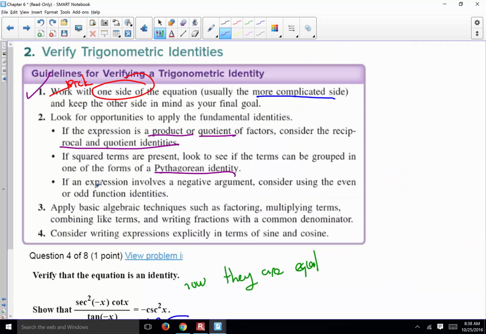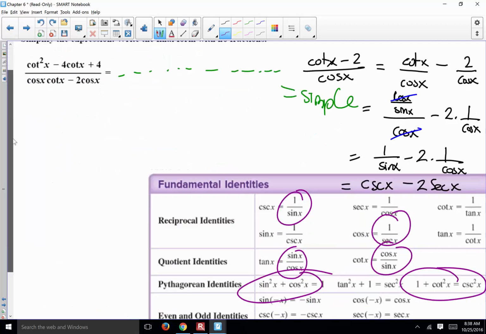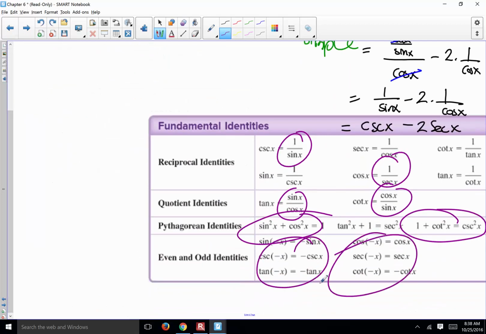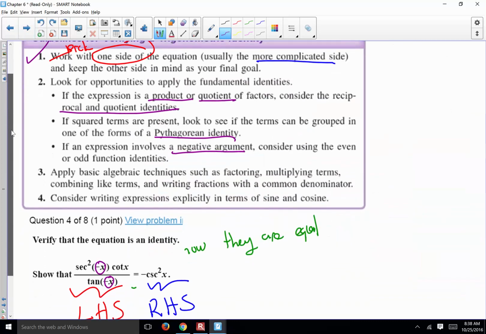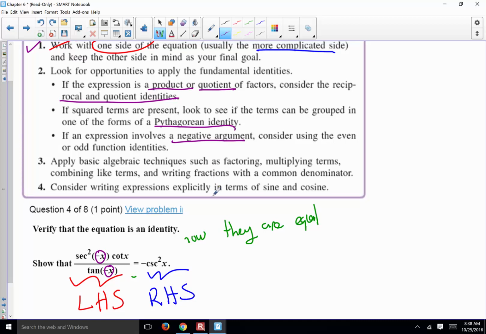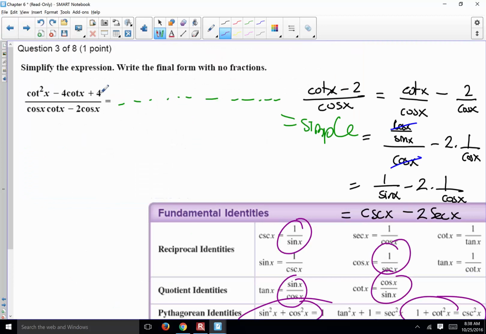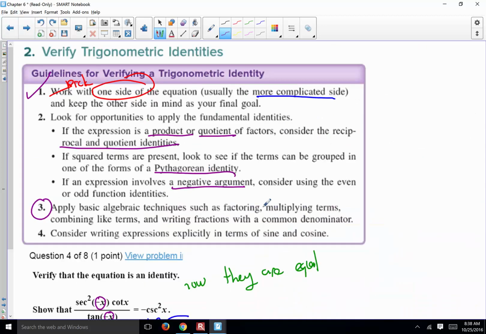What other strategies may we use? If there are negatives like this, you may want to use even and odd properties. This is maybe the easiest to apply, because 4 of them are odd and 2 of them are even. Sometimes you may need to factor, or multiply terms, like cosine and cosine.